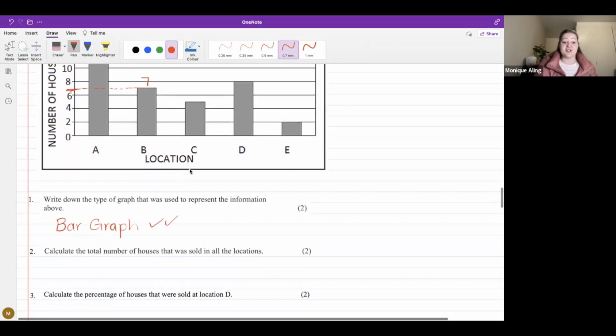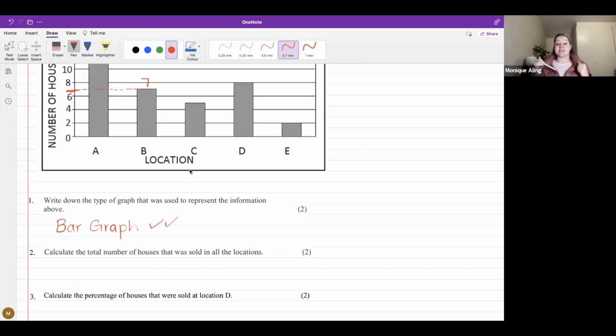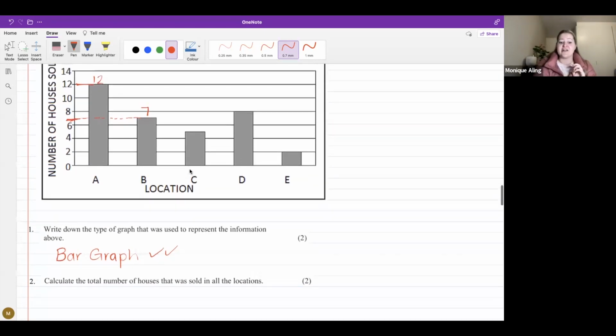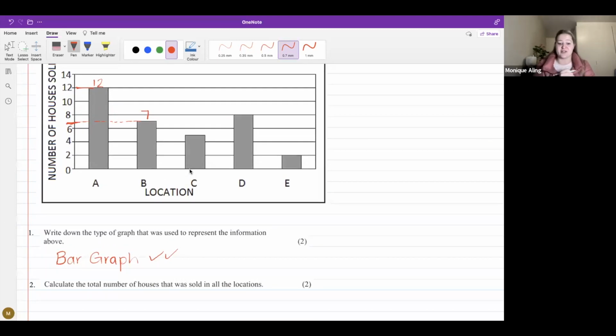All right, question 2, very similar to our previous question with the other graph. Calculate the total number of houses that were sold in all the locations. So you need to go and look at each location, see how many houses were sold in each, and we need to get the total, so we need to add. Some of us are quick tonight.